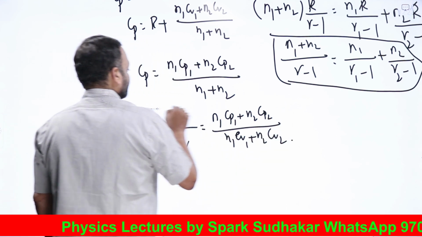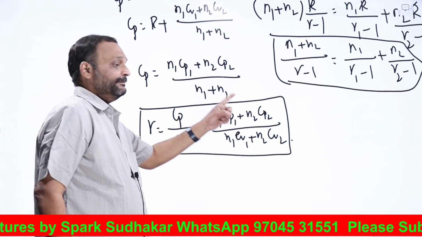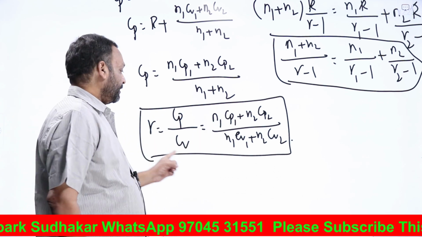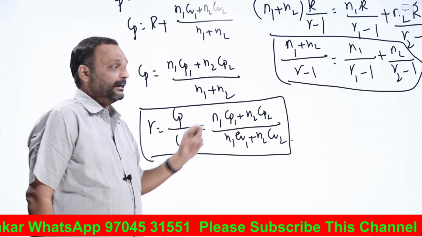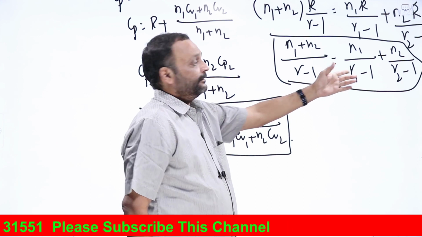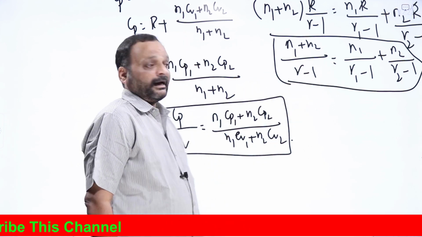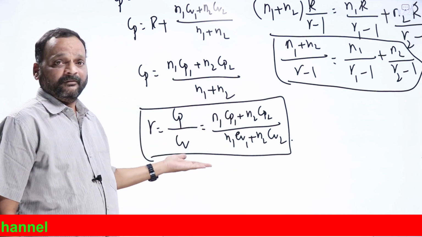This is the final expression for gamma of the resultant mixture. If Cp1, Cv1 values are directly given, you can use this formula to find the resultant gamma, or if γ1, γ2 are given, you can find the resultant gamma using the earlier formula. Either way, you'll get the final values of the mixture.